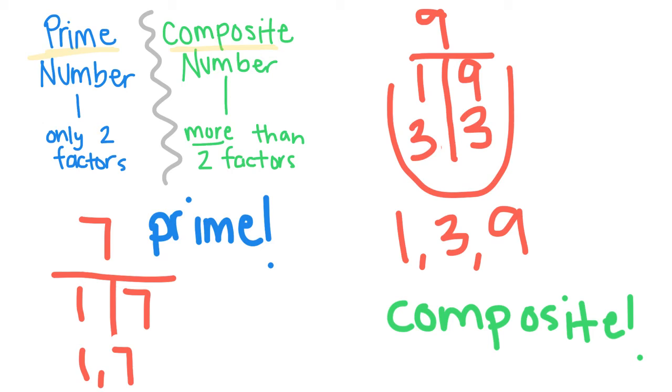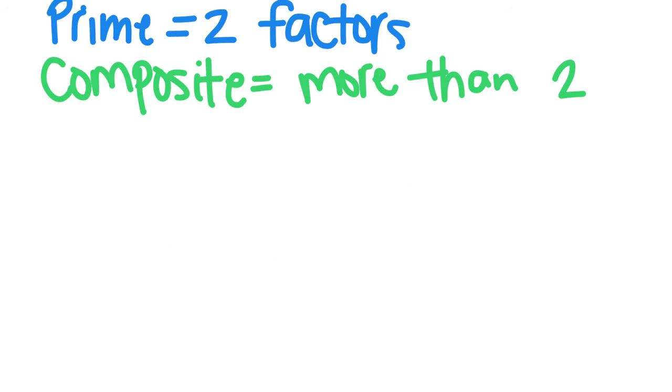So you just need to figure out how many factors are in a number, and then that will help you determine if the number is prime or composite. Let's just do a few more examples to make sure you understand. Okay, here we go. I put the definitions up top for you to help you remember. Let's get a little bit higher in our numbers and see if our numbers are prime or composite.